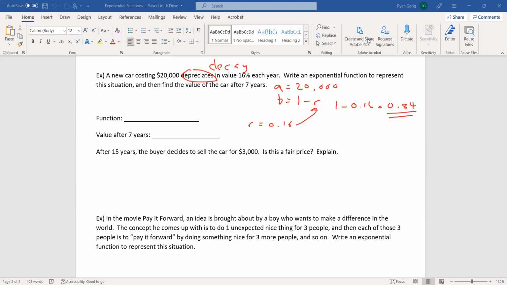You had to come up with that by doing 1 minus 16%. So there's my B. I already got A. My function is y equals 20,000 times 0.84 to the X. The value after 7 years is just putting 7 in for X. And so I do 0.84 to the 7th power.